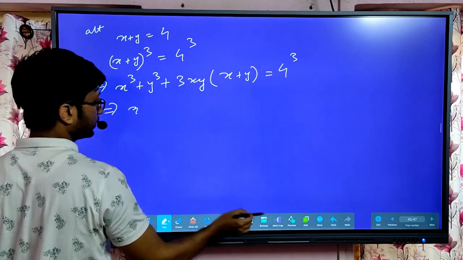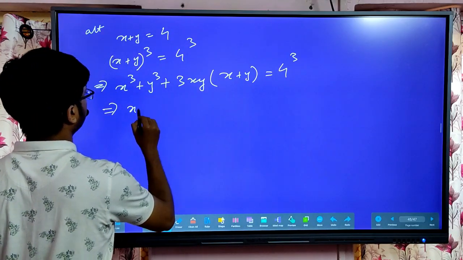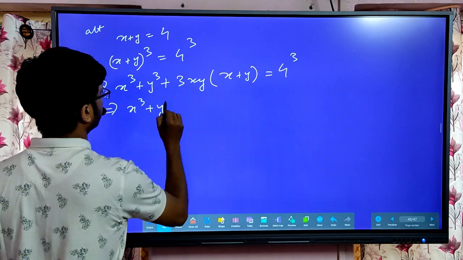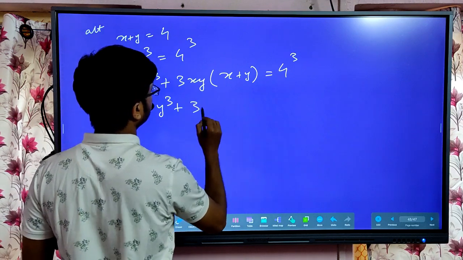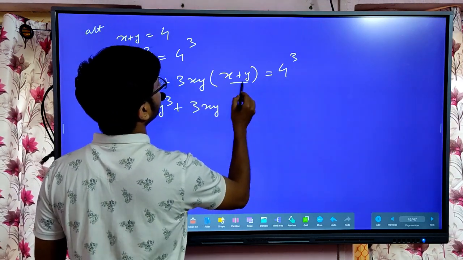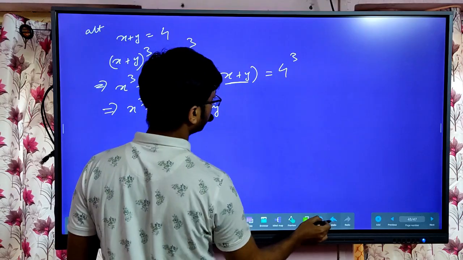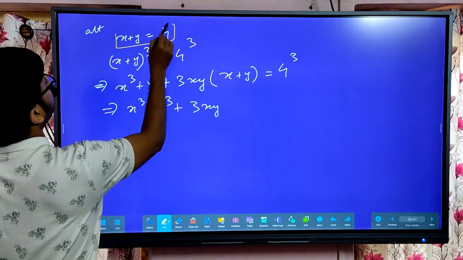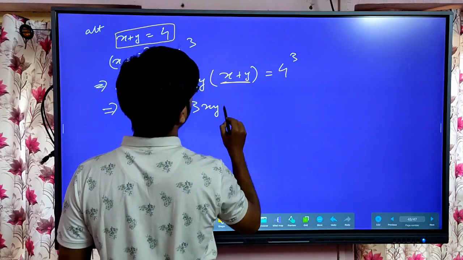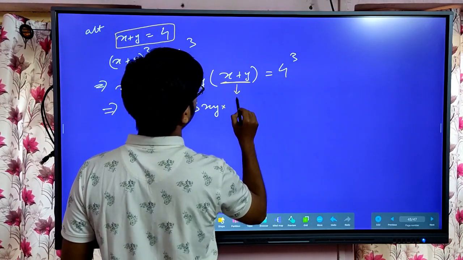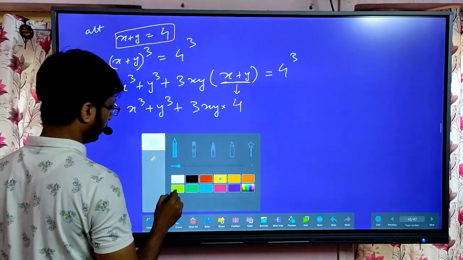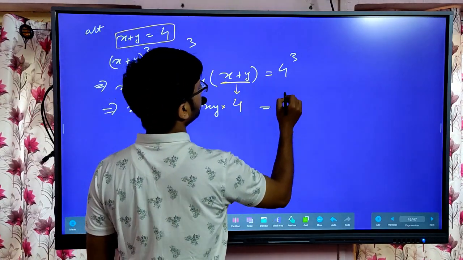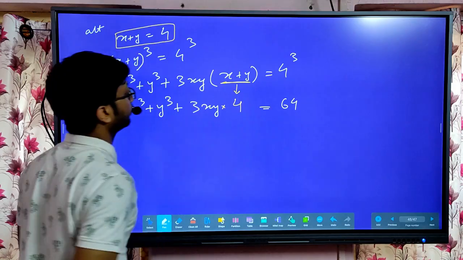So it will be x cube plus y cube plus 3xy. This x plus y, what can I write? It is given, no? x plus y equal to 4. So in place of x plus y, I can simply write 4. Understood? So 4 cube is 64.